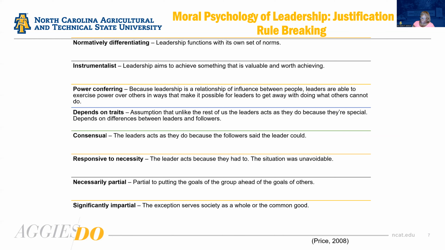So, we say do no harm, right? Leaders' behavior should do no harm to the people that they're leading, and the influence that they have over the people that they're leading.